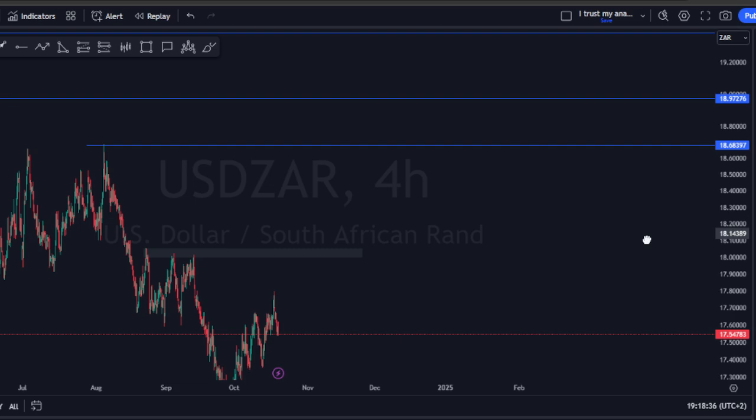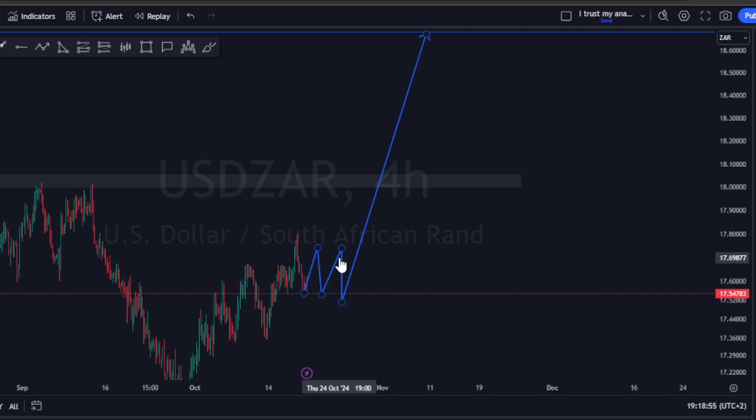So usually what I do, I take screenshots of first setups and take another screenshot of the second setup. And then whichever setup the market goes in the direction of, I follow that setup.